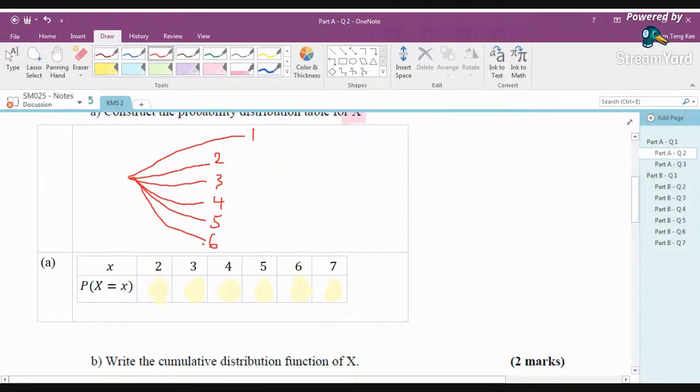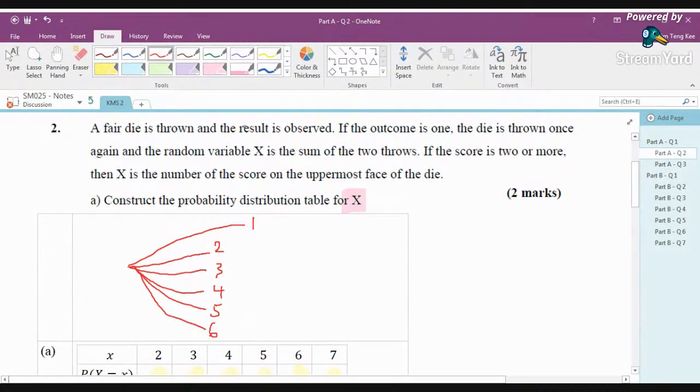And these branches I draw in red are the first throw, when you throw for the first time. And the probabilities for each of the outcomes from 1 until 6 in red: according to the question, it's a fair dice. So all of them have the same probability, where I have 1 over 6 to get 1, 1 over 6, 1 over 6, 1 over 6 for each one of them.